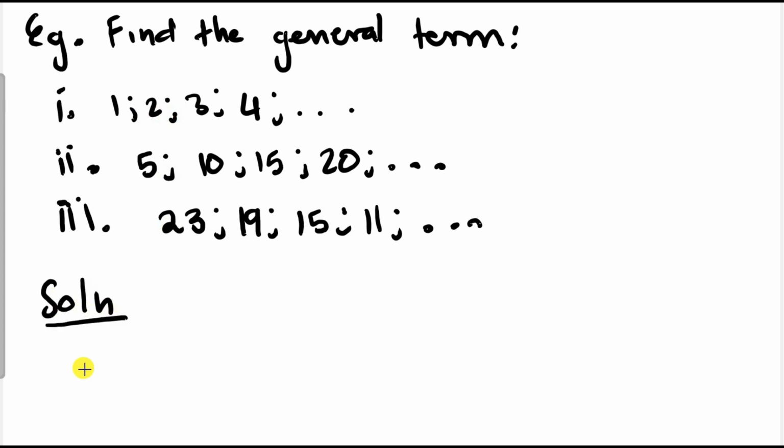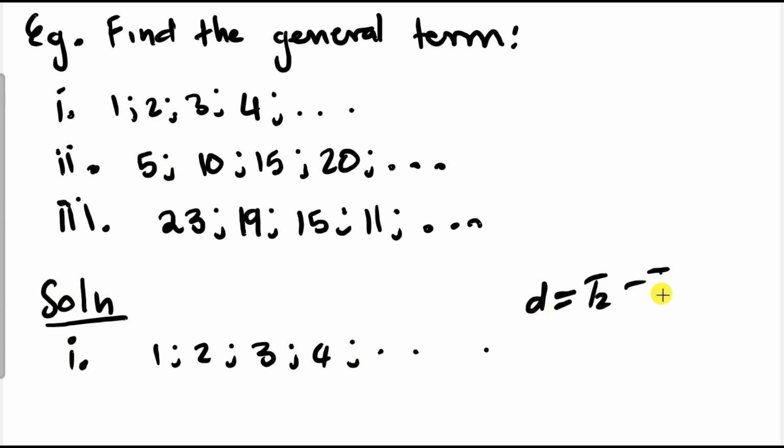Number 1, we had 1, 2, 3, 4, and so forth. Remember, I said our d is T2 minus T1. What is T2? The second term is 2. What is our first term? Our first term is 1.